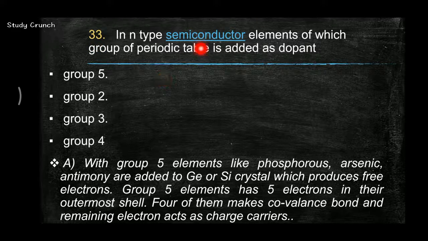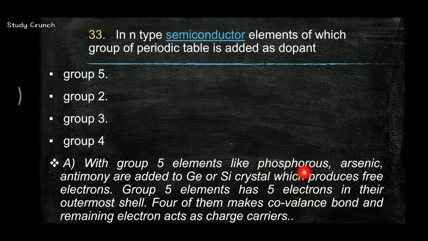In an n-type semiconductor, which group of the periodic table is added as dopant? So the answer is group 5 elements like phosphorus, arsenic, antimony, which are added to germanium or silicon crystals and produce free electrons.